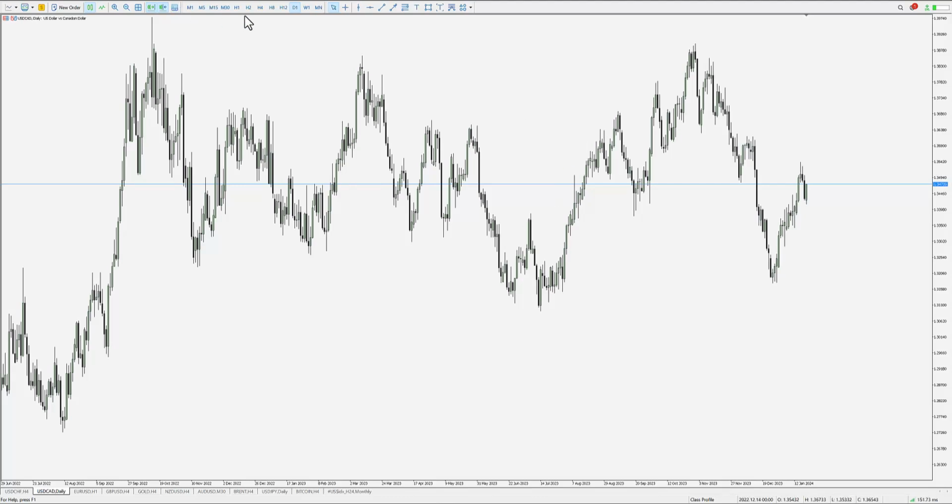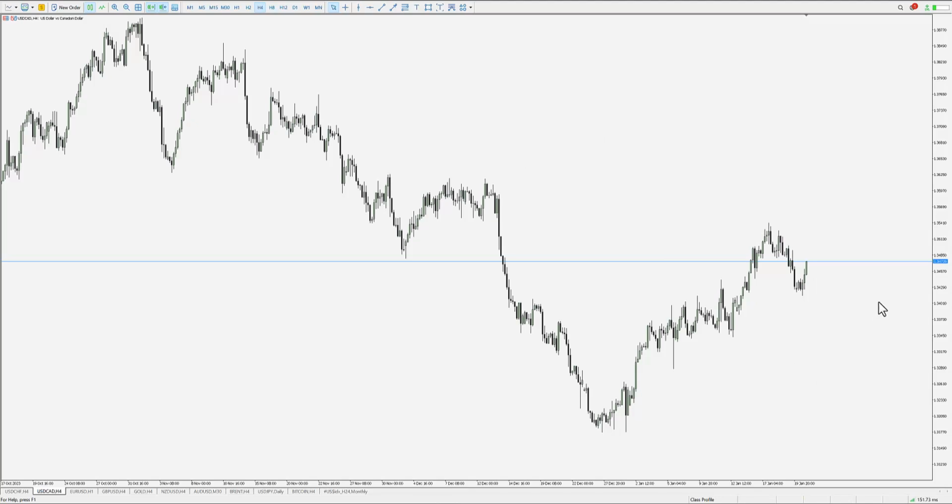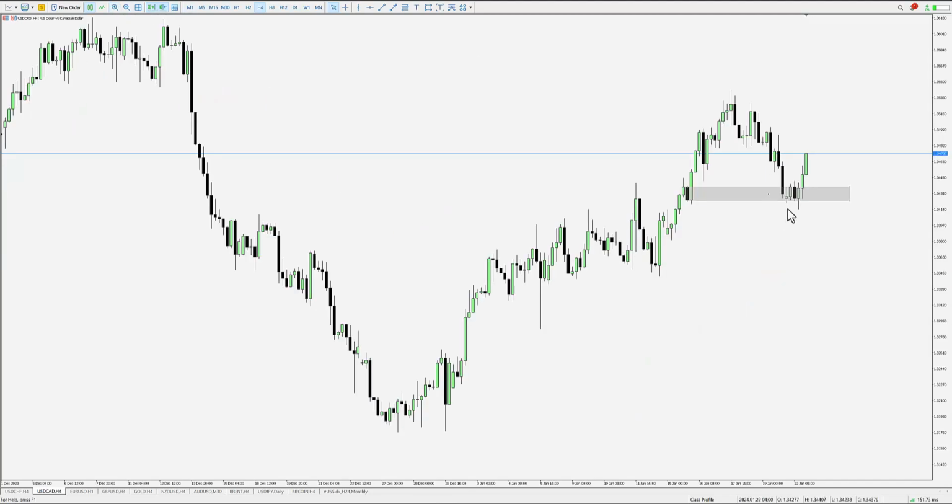Even though it's a Monday today, you can clearly see how price went to the upside from a bullish order block that was created last week. That's the market maker buy model that I'm referring to. So you'd have been monitoring this level as your level of entry for long opportunities.